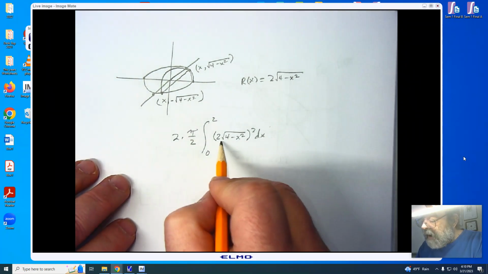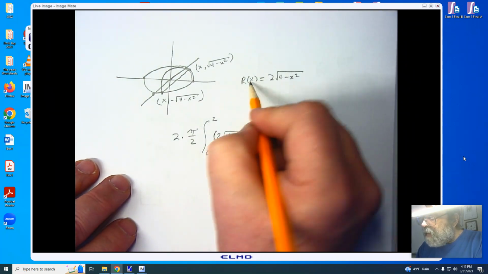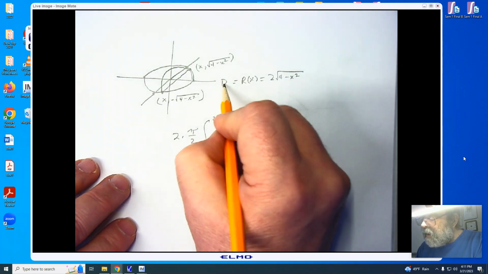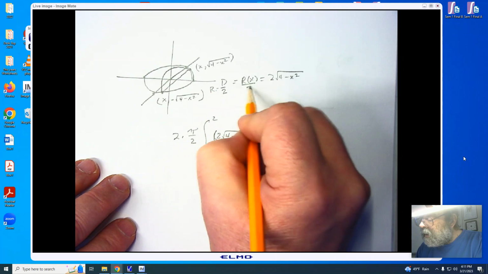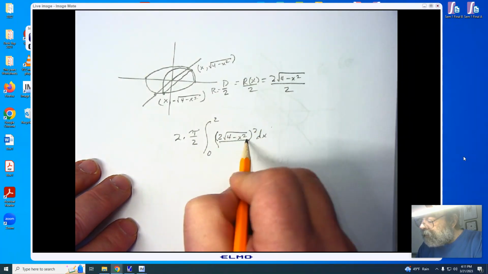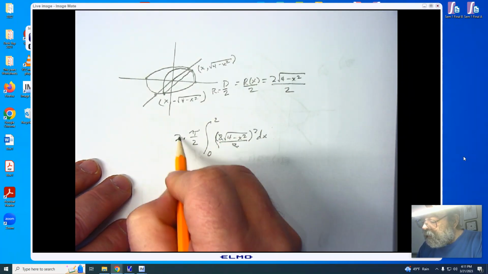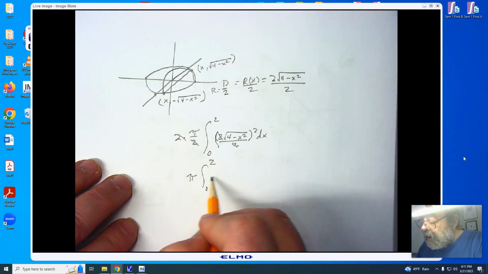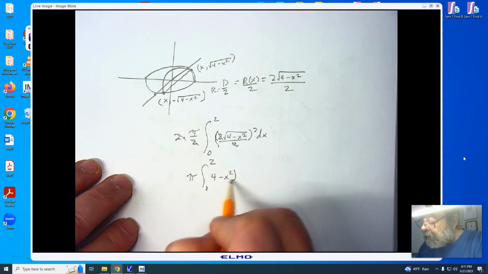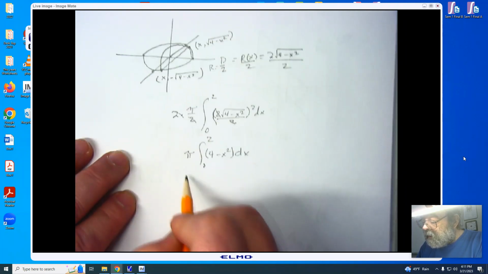Now in this, we have to make sure this is my diameter. And diameter needs radius divided by 2 to get r. Therefore, I'm dividing by 2. So I now have pi, 0 to 2, and this is now the square, which leaves me with 4 minus x squared dx.